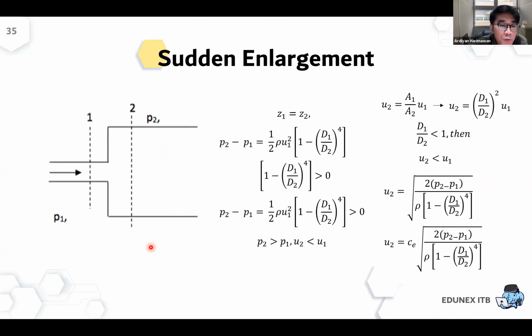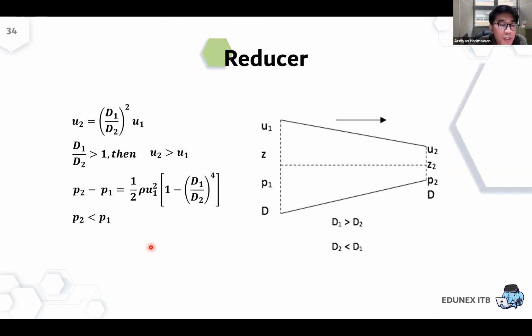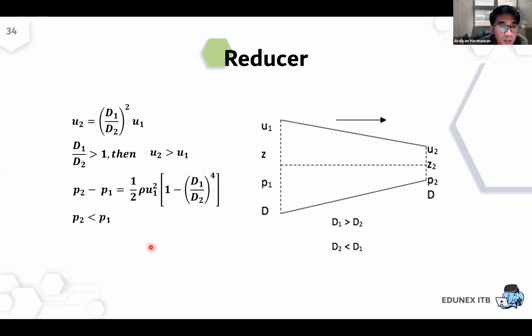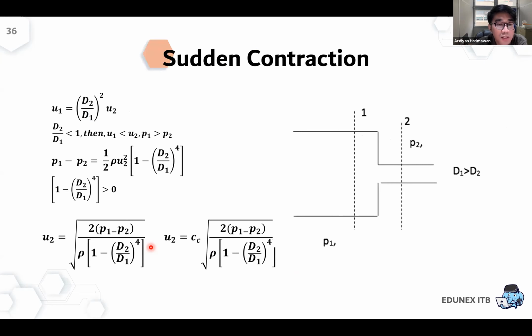If you only use Bernoulli, it means the flow is ideal between diffuser and sudden enlargement. The equation should be the same. I mean, if the diameter ratio between the small and the big one is the same, then you will have exactly the same value. And it's also the same for the case of reducer and sudden contraction.